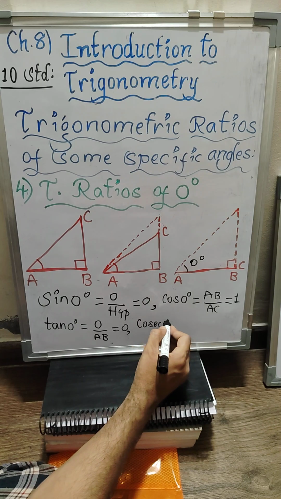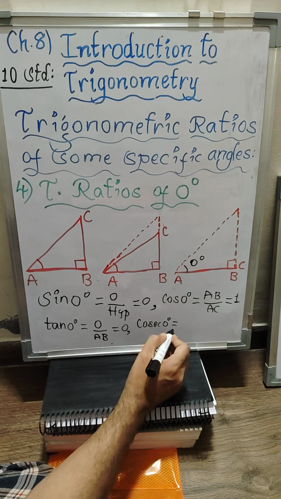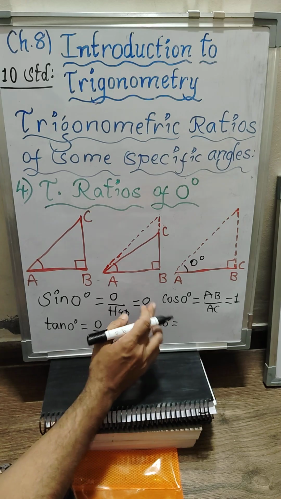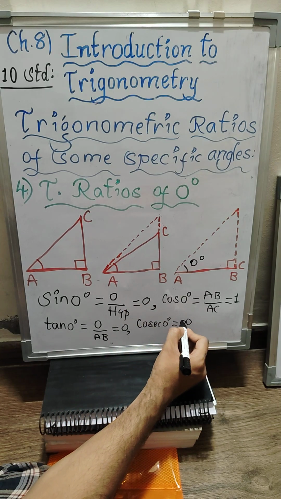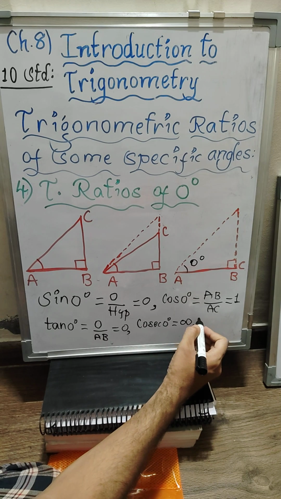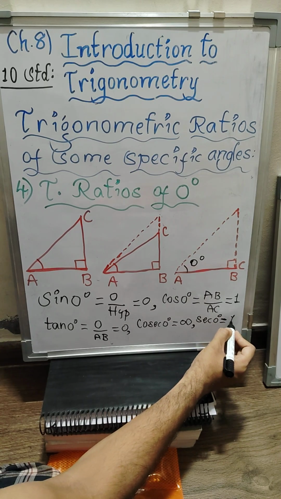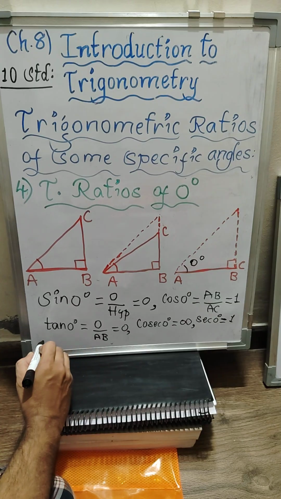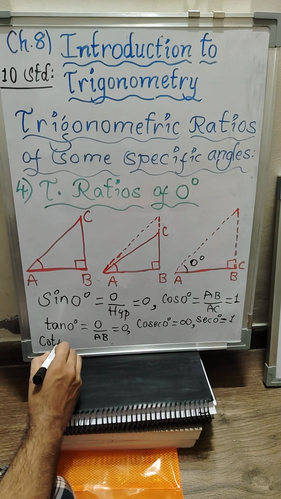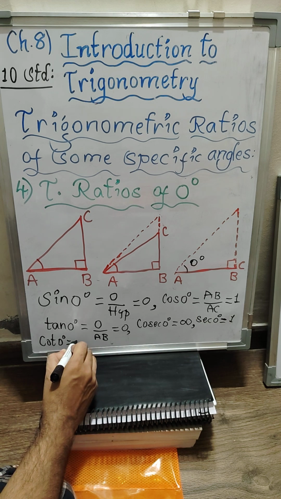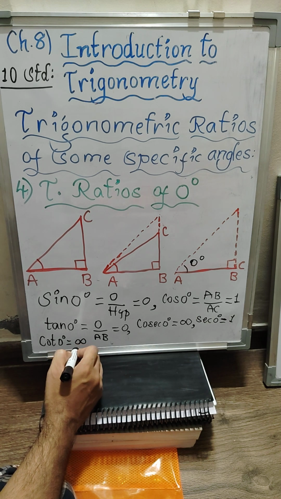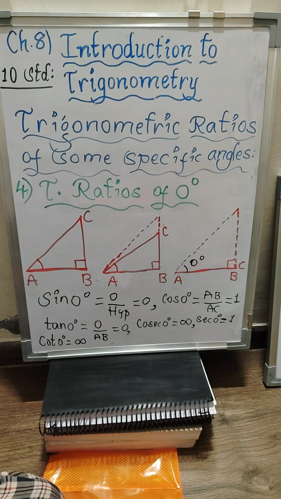Cosecant 0 degrees is equal to reciprocal of 0, 1 by 0, infinite, and secant 0 degrees, reciprocal of 1 is 1, and cot 0 degrees, reciprocal of 0, undefined or infinity. We can write it is undefined. In this way we can find out the trigonometric ratios of 0 degrees angle.